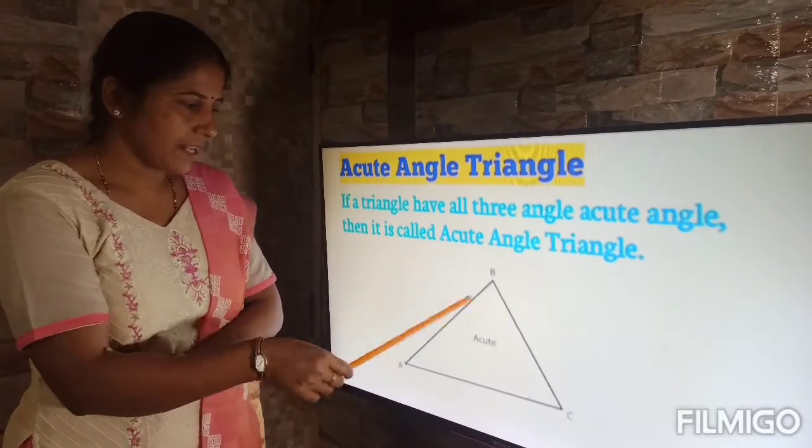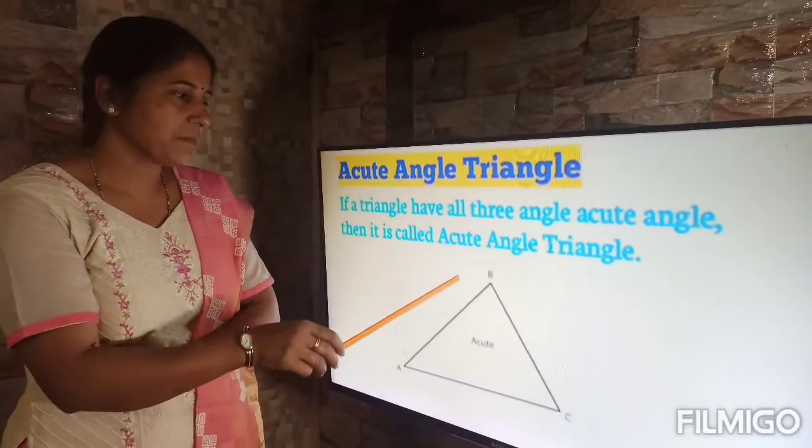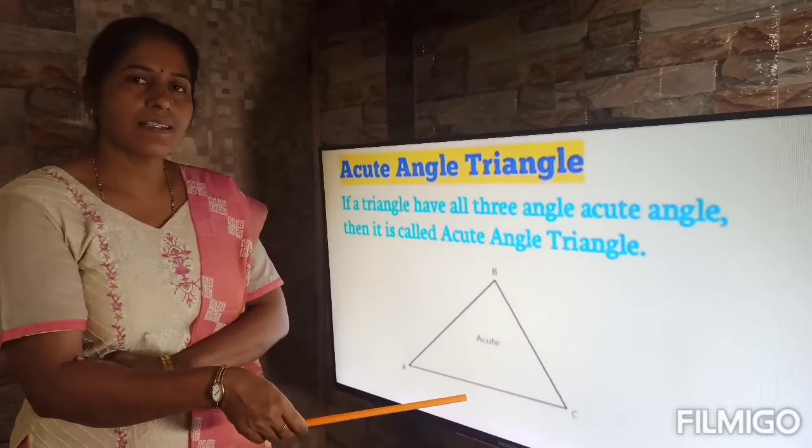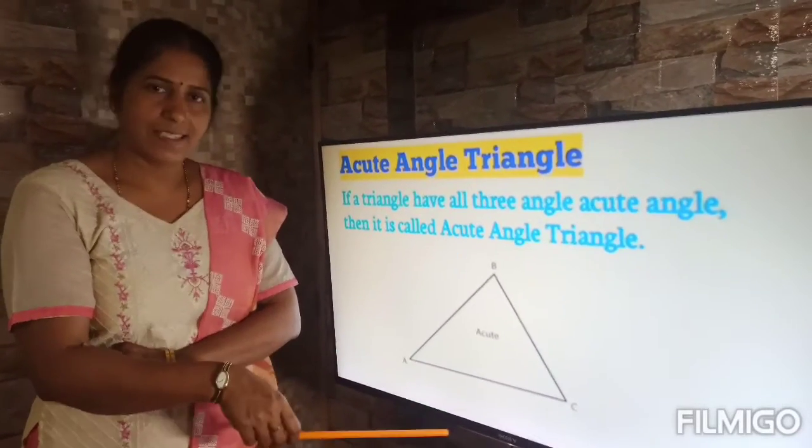This triangle ABC is an acute angle triangle because all 3 angles A, B, C are acute angles, less than 90 degrees.